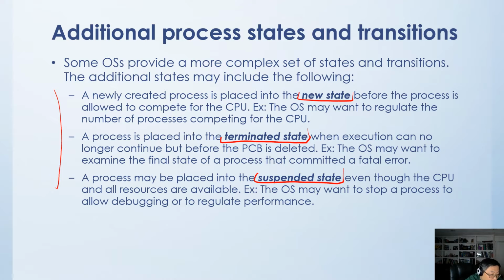For whatever reason, the operating system may want to stop a process, for example to allow debugging or to regulate performance. So in most operating systems, a process may have more than 3 states. They may have 5, 6, or even 7 different states.